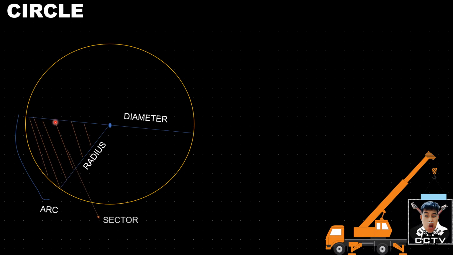And that shaded area is the sector, yung area ng pizza. And pag hindi naman siyang tumama sa center, chord ang tawag sa kanya. Hindi siya katulad ng diameter na tumama sa center. And the shaded area is the segment.